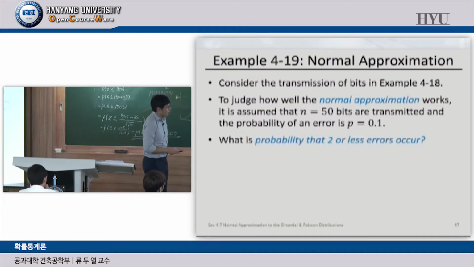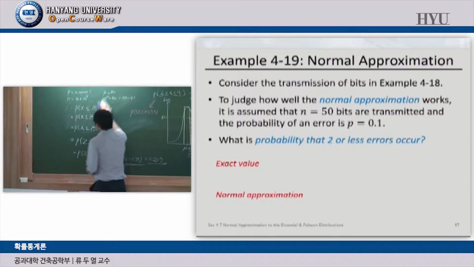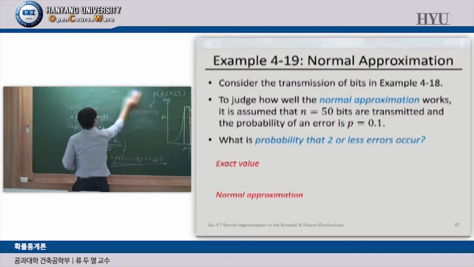And in this case, what is the probability that 2 or fewer errors occur? So we can calculate the exact value based on the binomial distribution, right? And also we can obtain the normal approximation value. And I'm going to compare these two values.